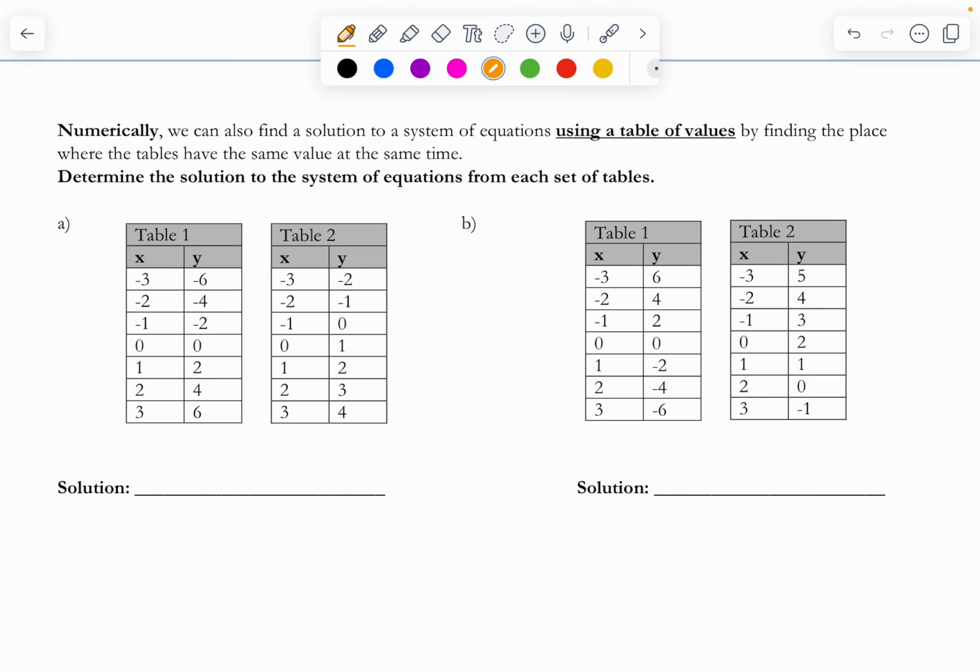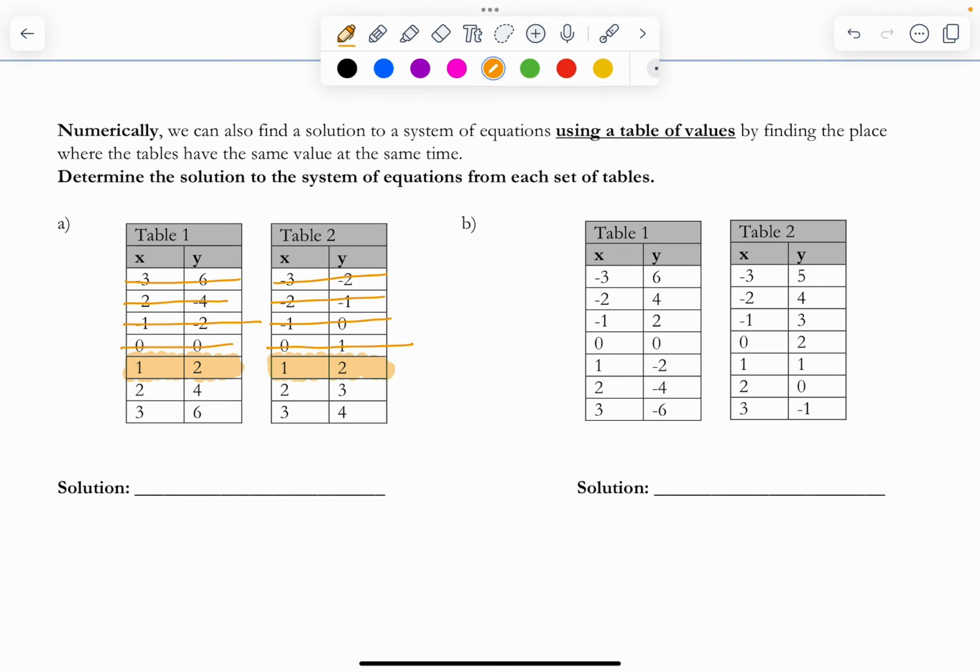Here I've got -3, -6, but -3, -6 doesn't match with -3, -2. -2, -4 doesn't match with -2, -1. -1, -2 doesn't match with -1, 0. 0, 0 does not match with 0, 1, but then look what happens with 1, 2. 1, 2 exists on both of these tables.